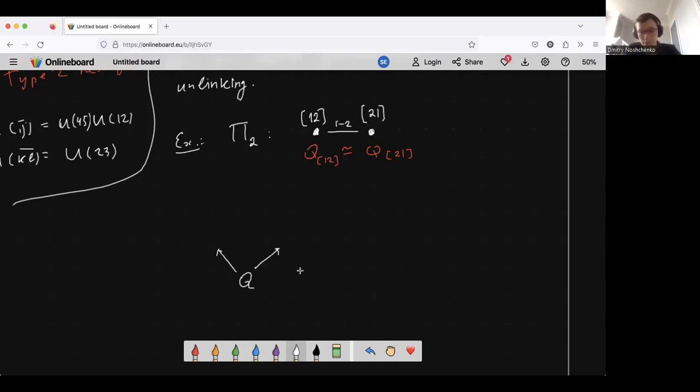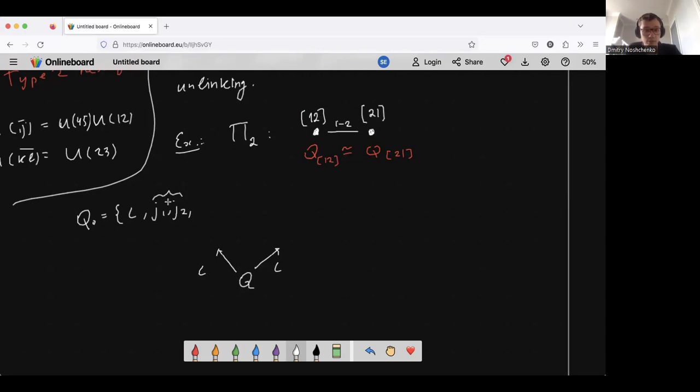But unlink what? You need to put some index iota. So this would be some distinguished node in Q. So we have an assumption that Q0, the set of nodes, includes some distinguished index iota, and here should also be J1, J2. So these indices would be responsible for permutation.